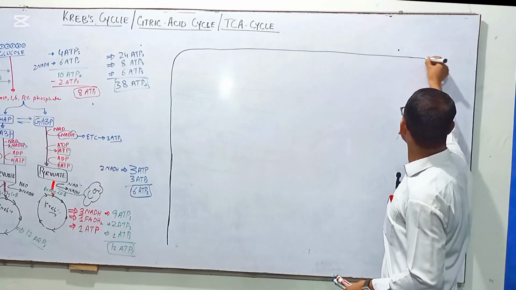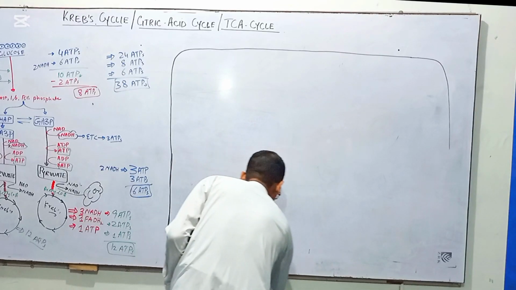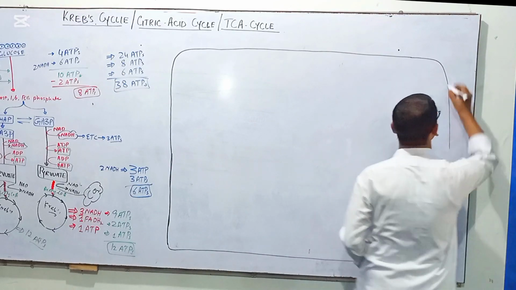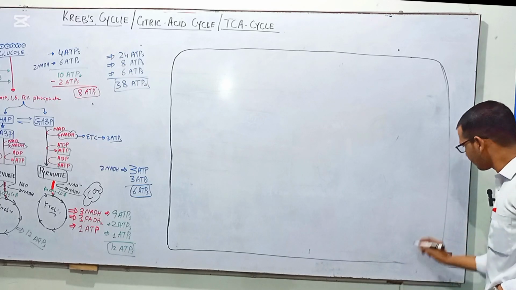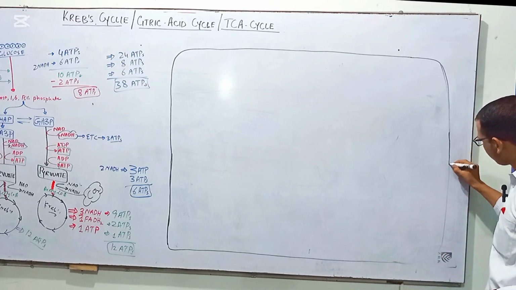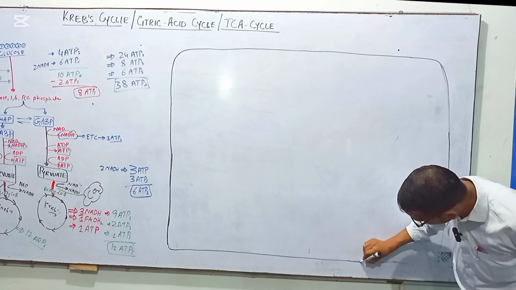So for example, this is the mitochondria. I am taking only mitochondria, not the whole cell. And mitochondria have how many membranes? 2. One is inner and one is outer, and both are very important.